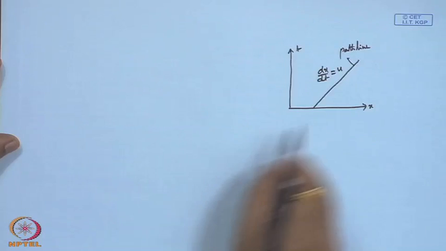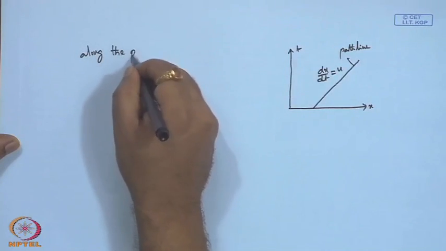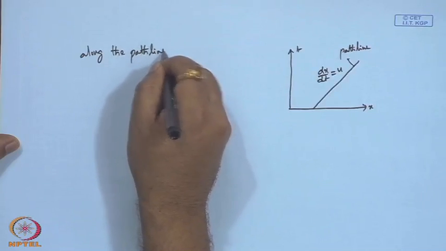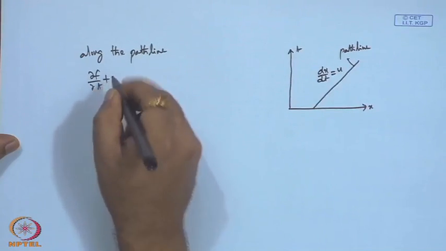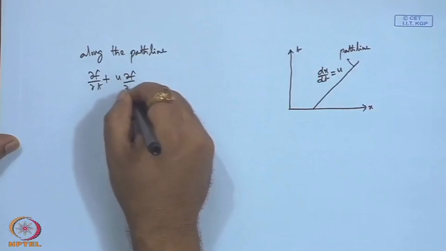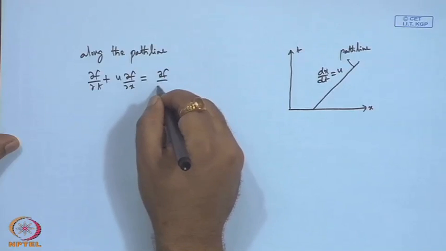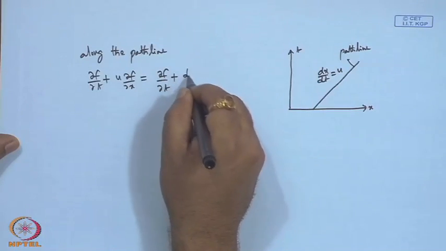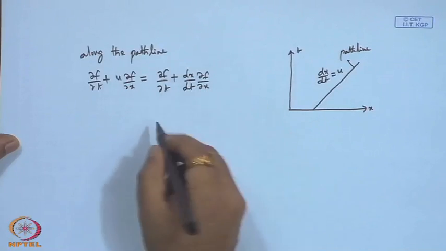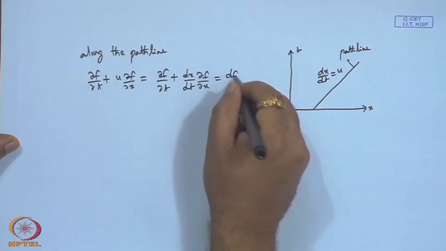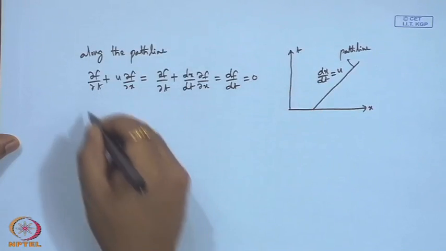Now along the path line, ∂f/∂t + u ∂f/∂x is df/dt, and we have this equal to 0.